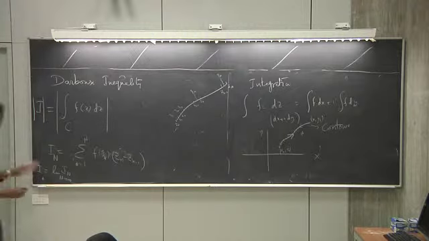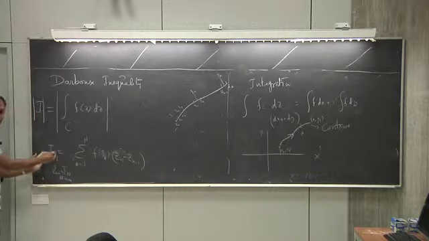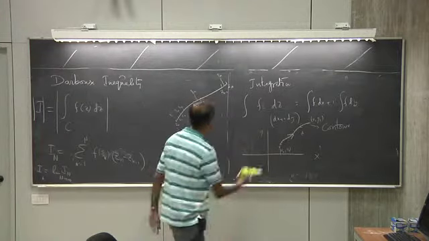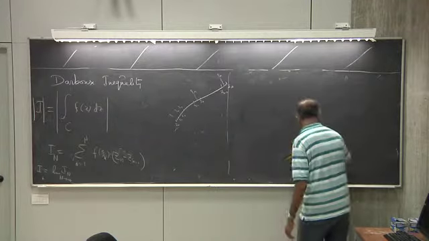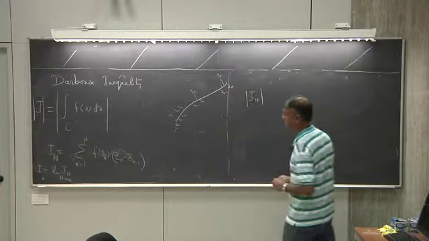Okay. So let's first get a bound. We want to get a bound for I, but first let's try to get a bound for I_N. So let's take the modulus of I_N.